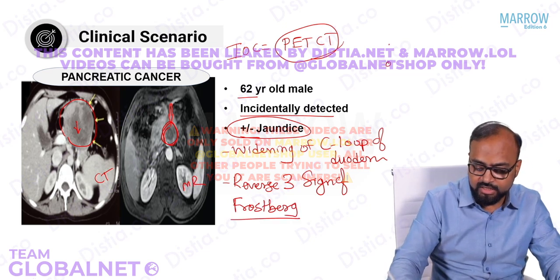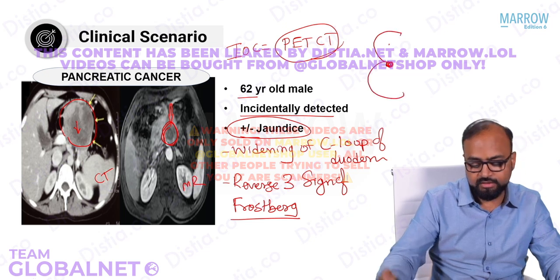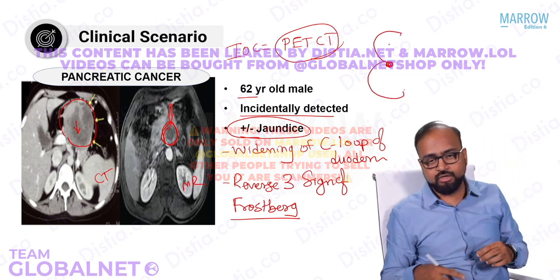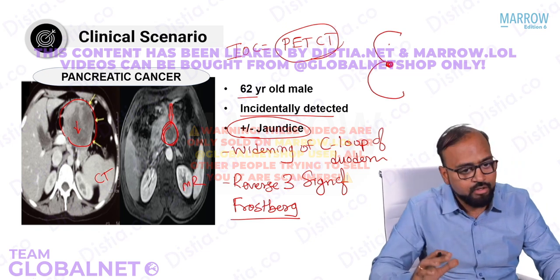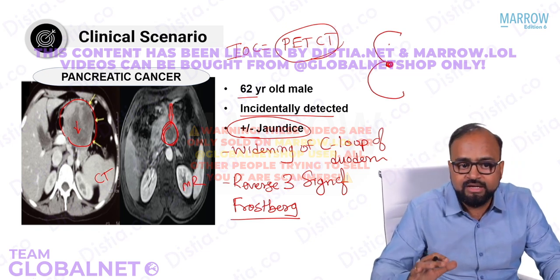That is because there is a cancer here at the ampulla, right? The duodenum takes a shape like this. So this is called reverse 3 sign of Frostberg, or simply the loop may become widened. Alright, so these are the signs associated with pancreatic cancer.